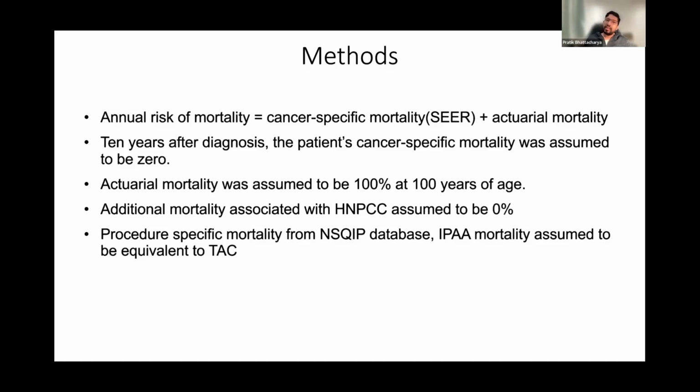Additional mortality associated with HNPCC was assumed to be 0, as with the previous slide. And procedure-specific mortality was from the NSQIP database. However, there was insufficient data for ileal pouch anal anastomosis surgery, and the mortality was assumed to be equivalent to total abdominal colectomy. Next slide, please.